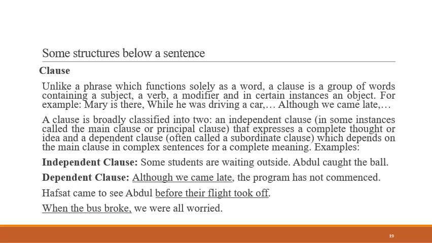Now we can deduce that the second one can stand alone to have a meaning, a complete thought: the program has not commenced. But the first one, which is underlined, cannot stand to make a meaning. It must depend on the other one for it to have a meaning. That's why it's tagged a dependent clause. Then the second example, before the flight took off. And the third one, when the bell rang.